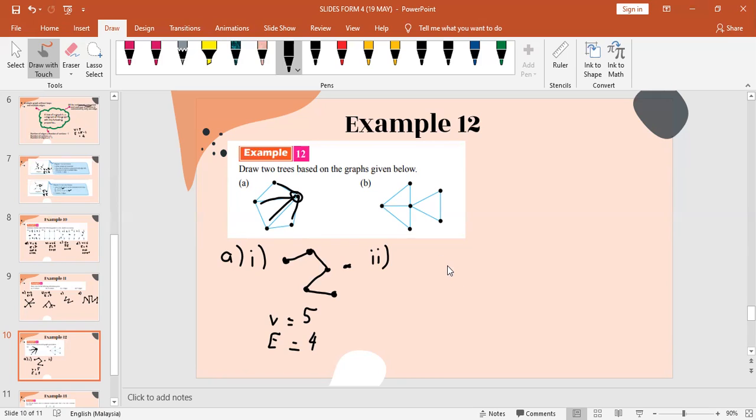So this one has 5 vertices, and the edges are also the same, 1, 2, 3, 4. Okay, do you understand? Yes.